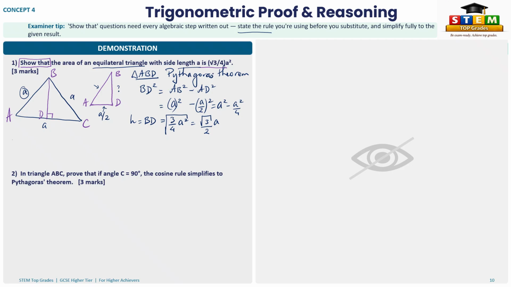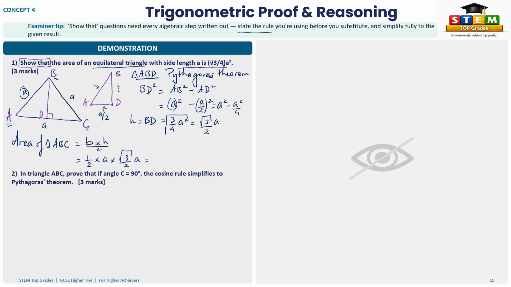So in order to find the area of the triangle ABC, you're going to multiply the base with the height and then half that. Or you can say half times base, which is a, and the height is root 3 over 2 times a.